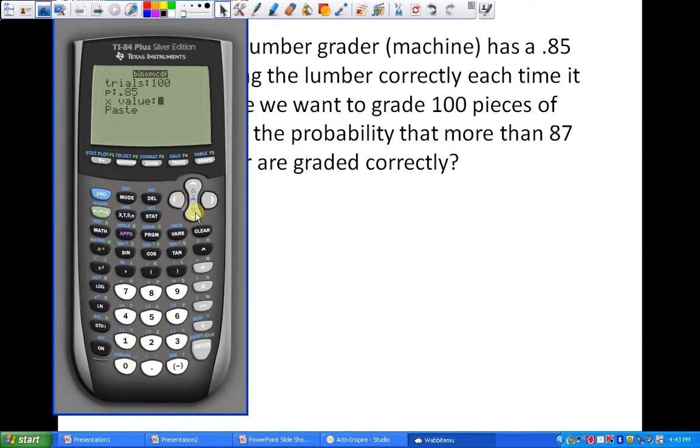And the X value that we wanted was 87. This gives you, if you're doing CDF, the probability of getting 87 successes or less. And since we're subtracting that from 1, we're getting the probability of getting 88 successes or more. So that's our final probability, the probability of getting more than 87 successes or more than 87 of the pieces of lumber graded correctly.